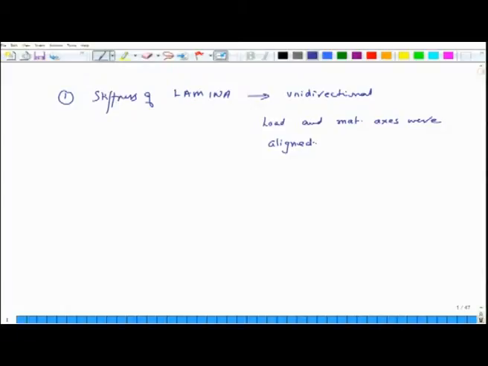So, this was the first theme of this course, and we were able to predict the stiffness of the lamina and also the strength of the lamina.